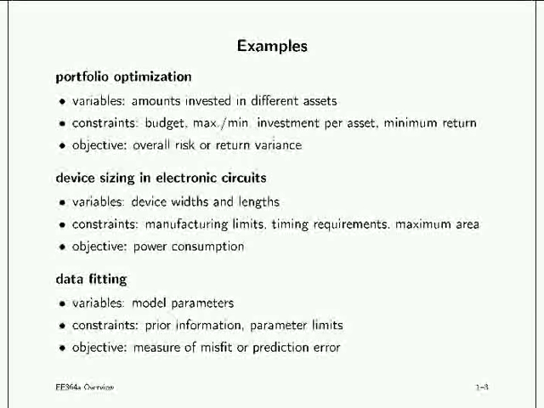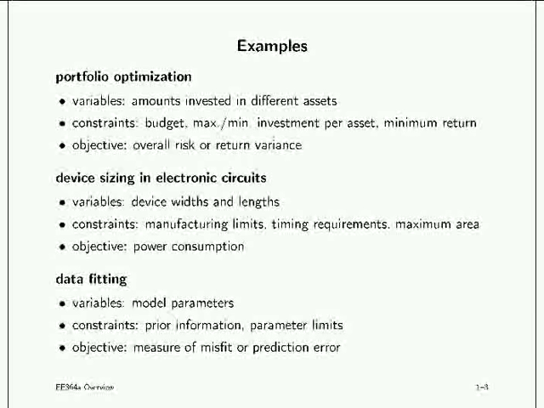So what would be some examples? Well, here are some that you might know about. One would be portfolio optimization, and here your variables are the amounts invested in different assets. So how much you can invest in different assets or asset classes, and you have to choose. Well, one constraint is you have a budget. You have a total amount that you're going to invest, but you might have things like a maximum or minimum investment per asset.